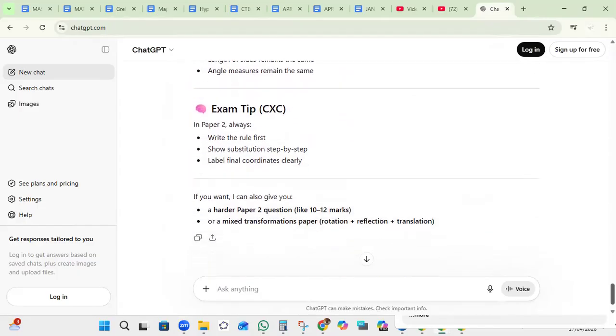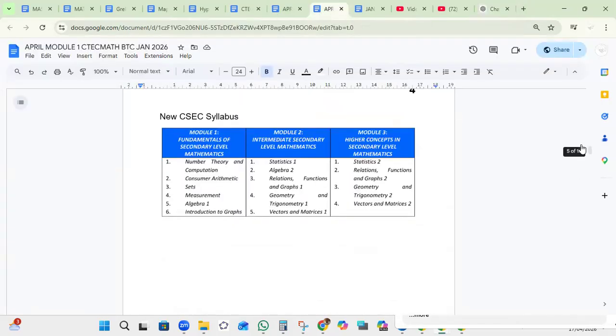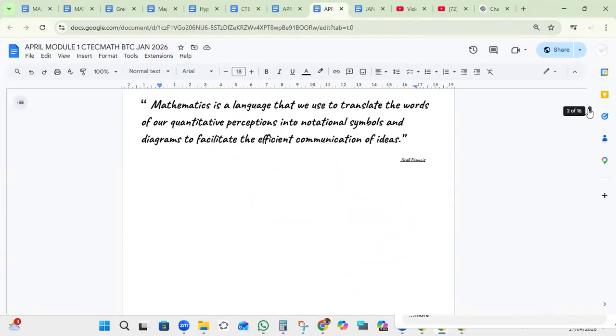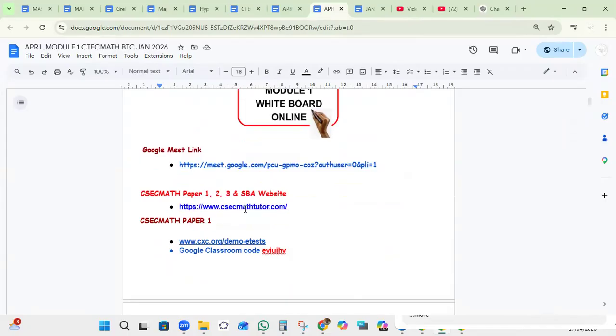And then with that now, you can move on to the website that we are familiar with, the CSEC Math website.